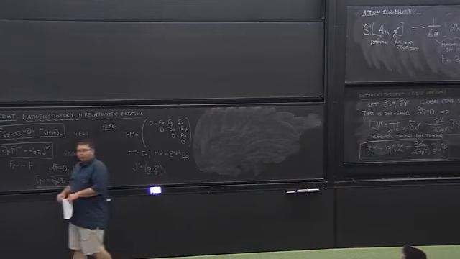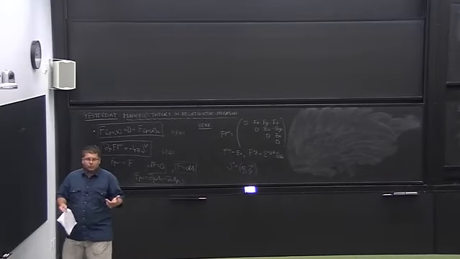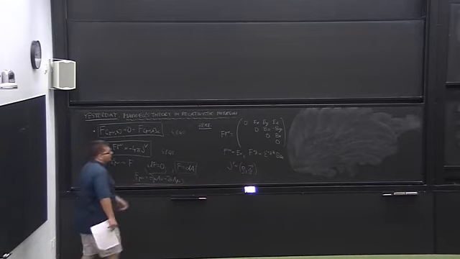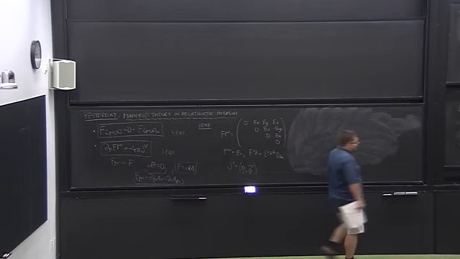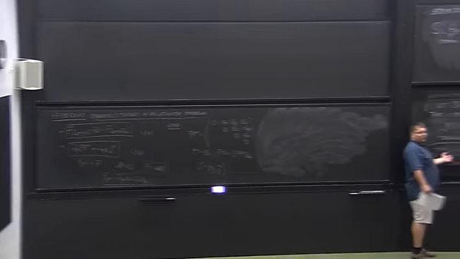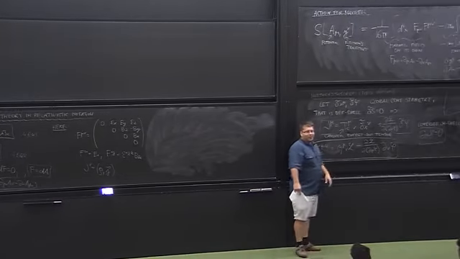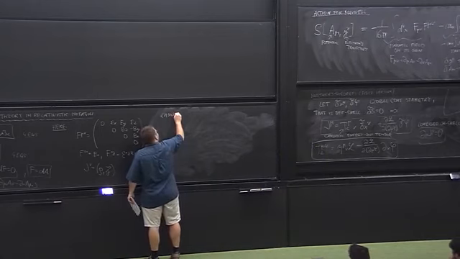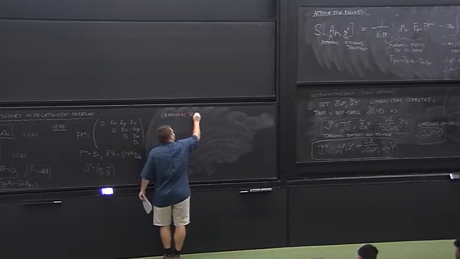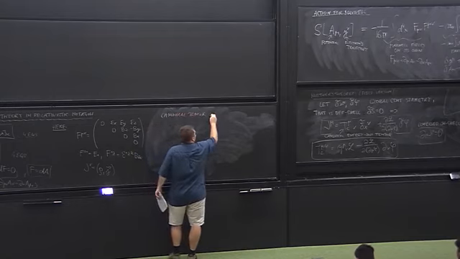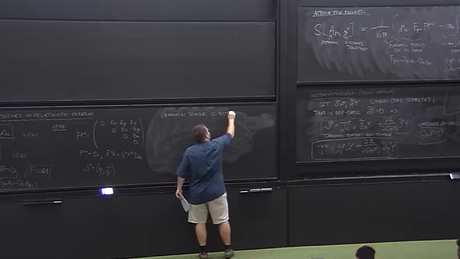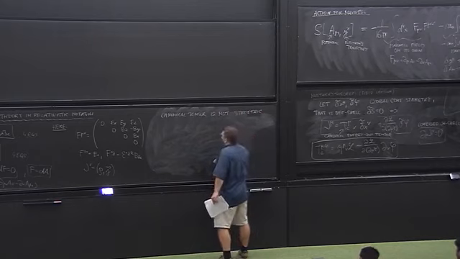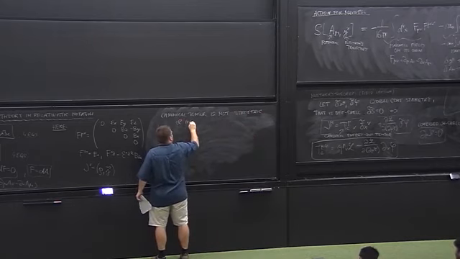It shouldn't depend on what kind of A I choose. It should be expressible only in terms of f mu nu. Now when you calculate this thing, you find that it's not true. First of all, it will not be symmetric, and second of all, it will not be gauge invariant. So the canonical tensor as given by this prescription here is not symmetric, and not gauge invariant.